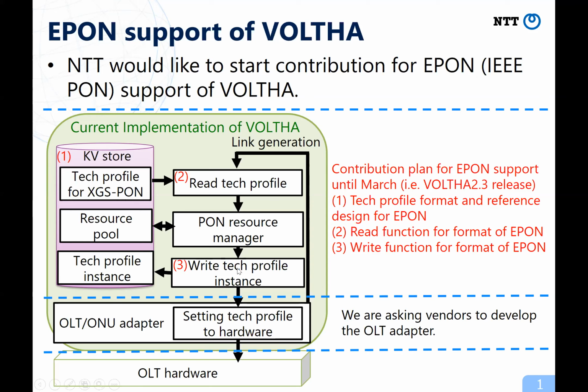Finally, it makes a tech profile instance and writes it to KV Store. The created tech profile instance is sent to the OLT ONU adapter and is used for hardware setting.